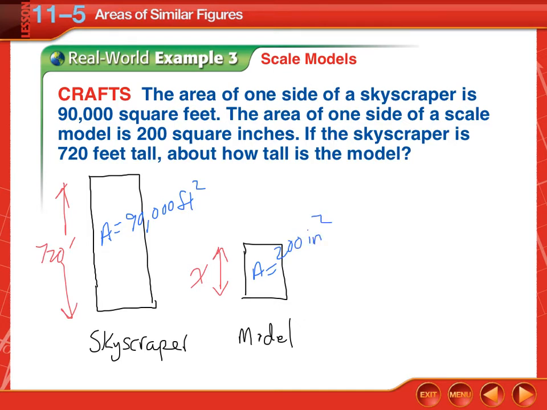All right, well, the first thing I hope that you see is that we've got feet, and square inches. So we have to convert one to the other, and it really doesn't matter which way you go. I guess I'm going to choose to convert the square inches into square feet. So first thing we need to do, we've got 200 square inches, and I want to convert that to square feet.